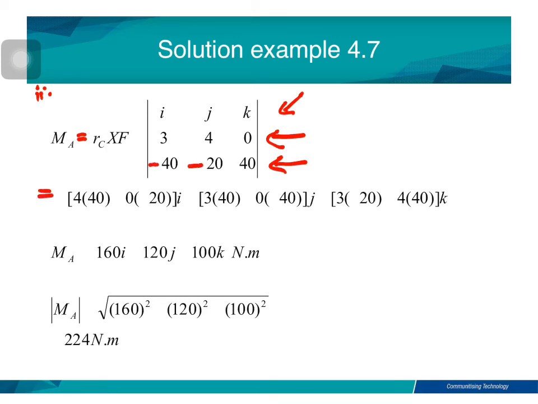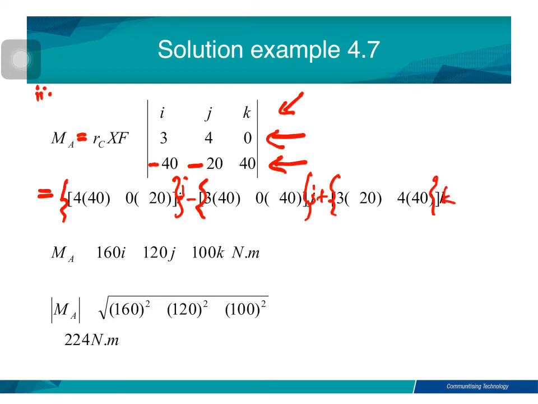So you can write the determinant as usual. This is for the element I, and then don't forget minus element J here, and then plus element K here.